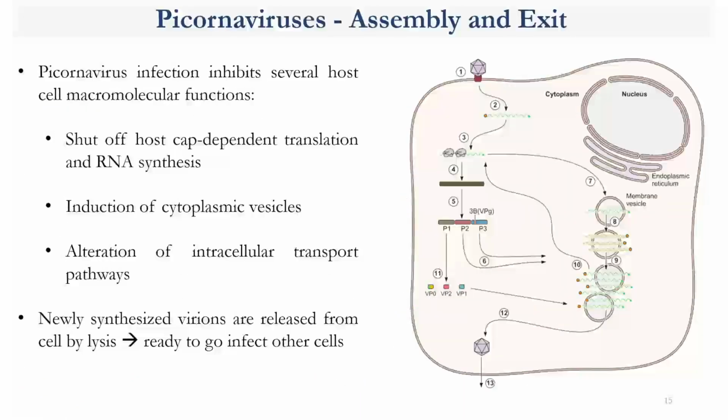And if you look at the infection, what we see is that infection with picornaviruses inhibits several of the host cell macromolecular functions. They shut off the host cap-dependent mechanism. How do they do that? Let's just see if you remember what we just talked about. How does it stop the cap-dependent mechanism?